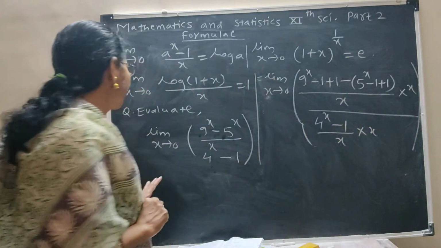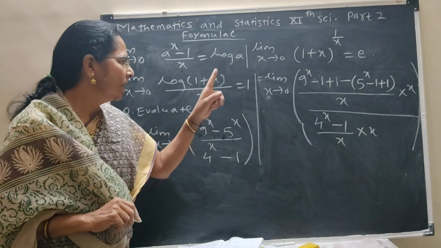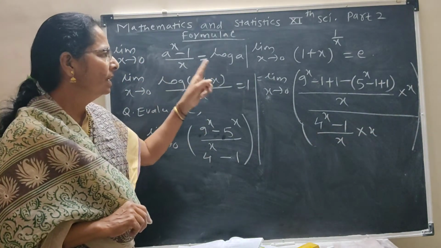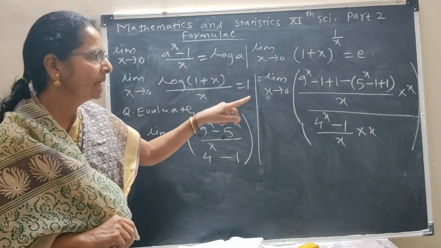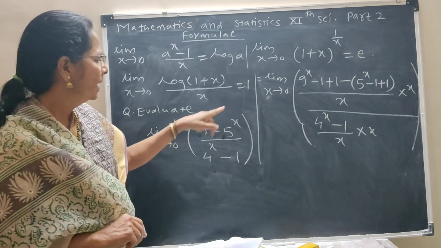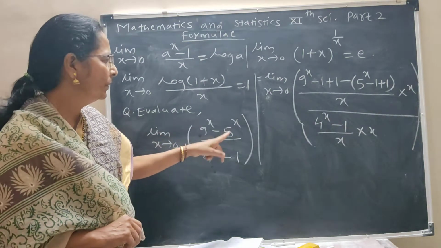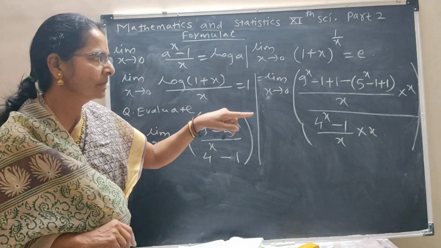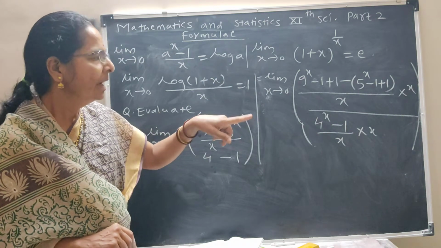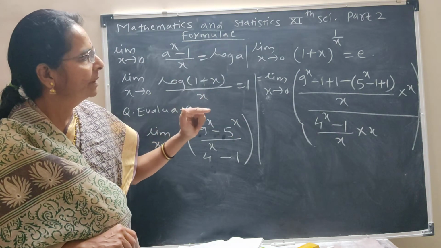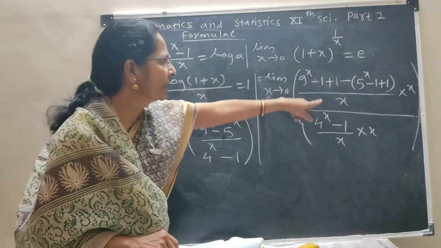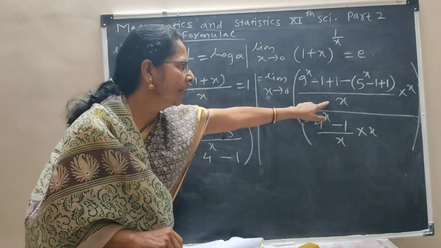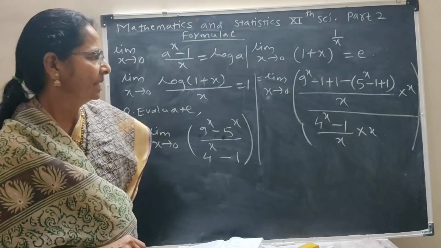Once again, 9 raised to x, for the formula take minus 1, take plus 1. Take minus outside, 5 raised to x, again take minus 1, so take plus 1, and we take divide by x. Here is x, so multiply by x.